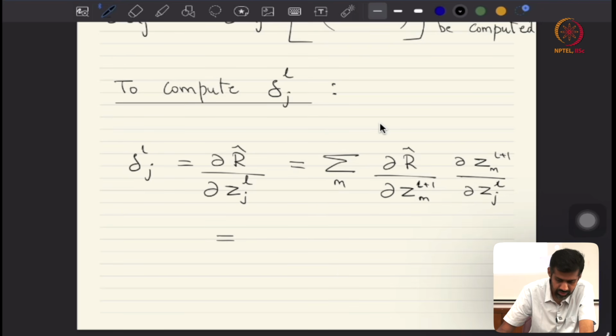M will go from 1 to the number of neurons in the L plus first layer. Okay, good that you reminded me.